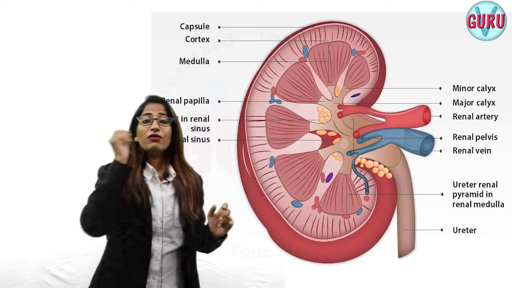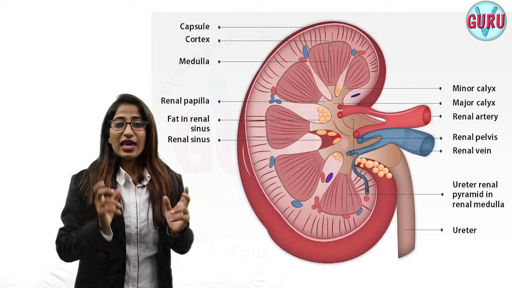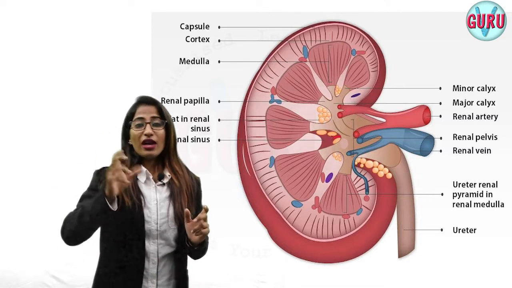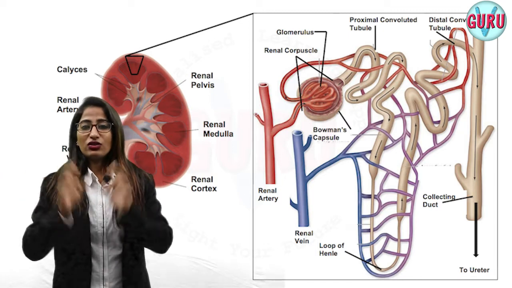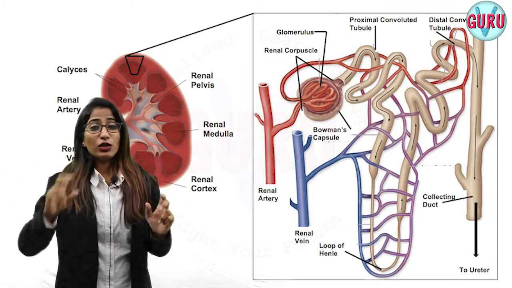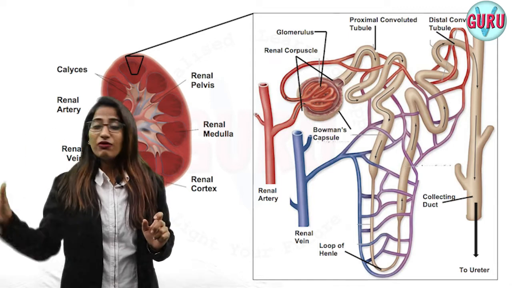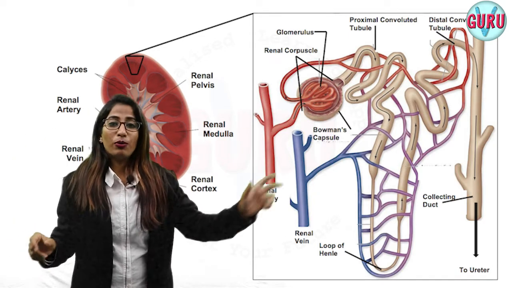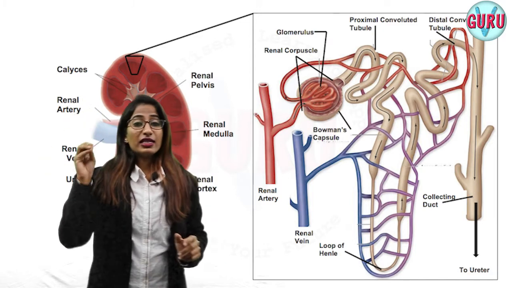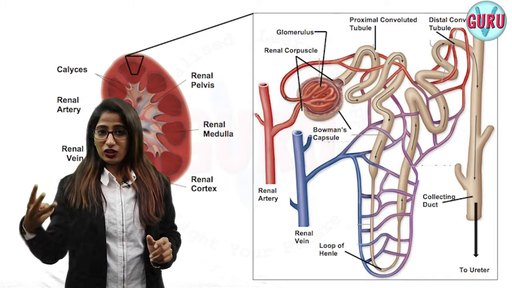Next, the functional unit of a kidney is nephron. So, we have studied the internal structure of a nephron. What is the structure in nephron? There are two major structures, that is Malpighian body and next is the renal tube. The Malpighian body has three different structures in it.